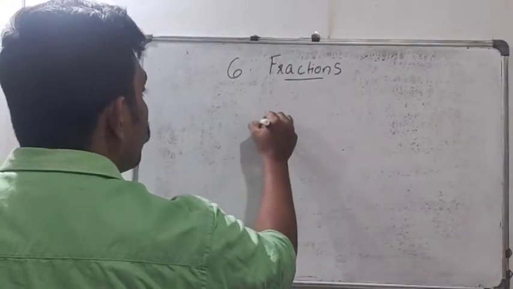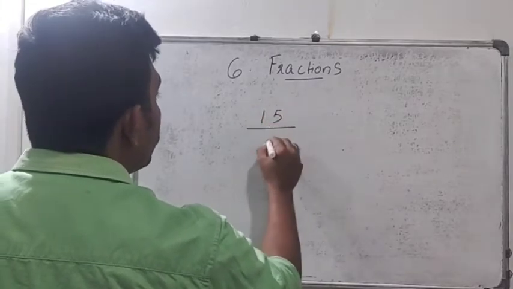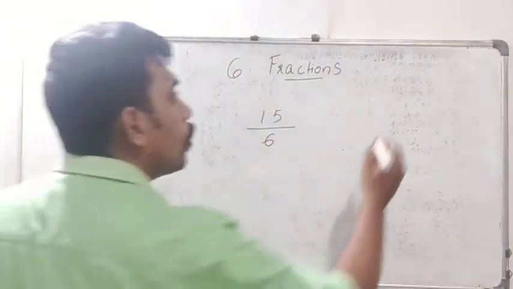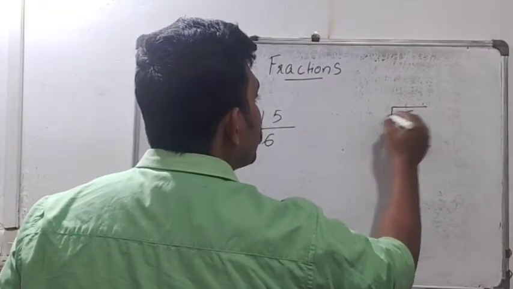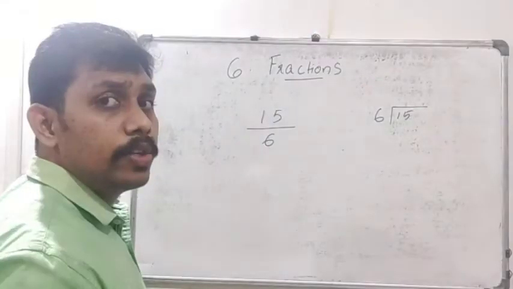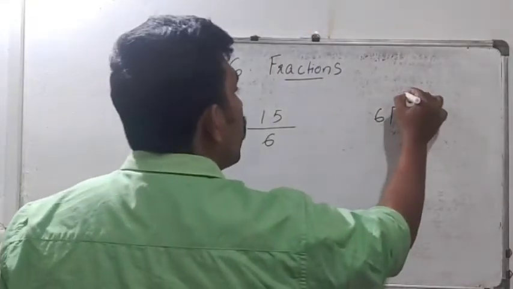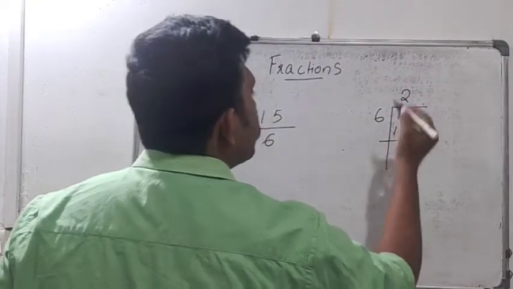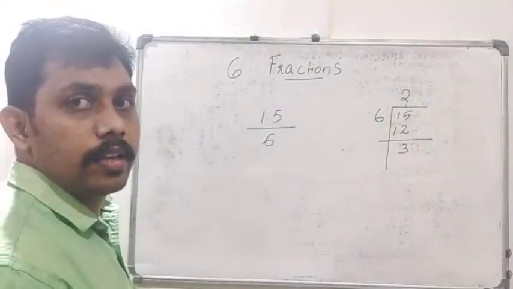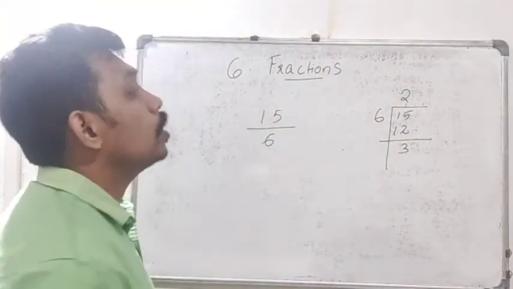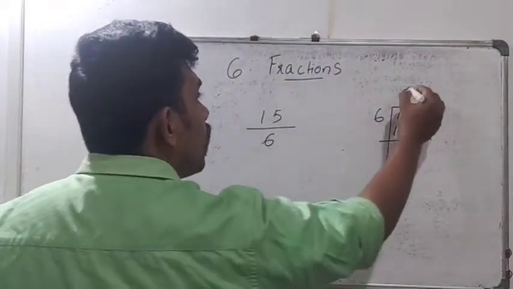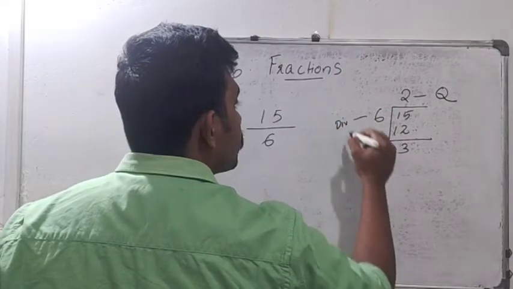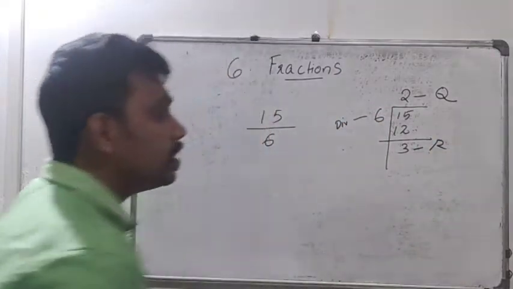Here we have an example of an improper fraction, 15 by 6. This is an improper fraction. So I am going to divide 15 by 6. We need to know the multiples of 6. 6 twos are 12, and here we have the remainder 3. So here we have the quotient 2, divisor 6, and remainder 3.